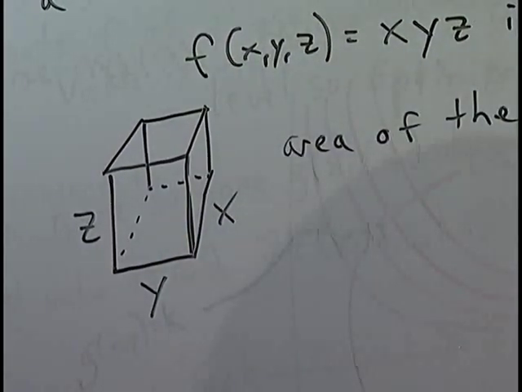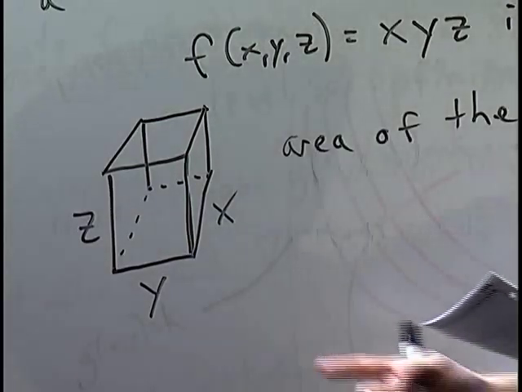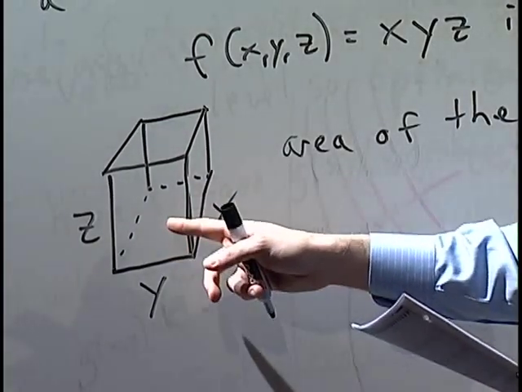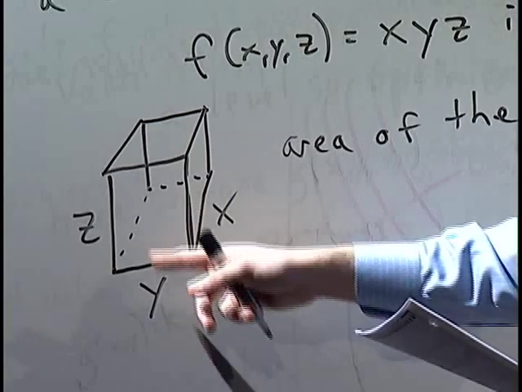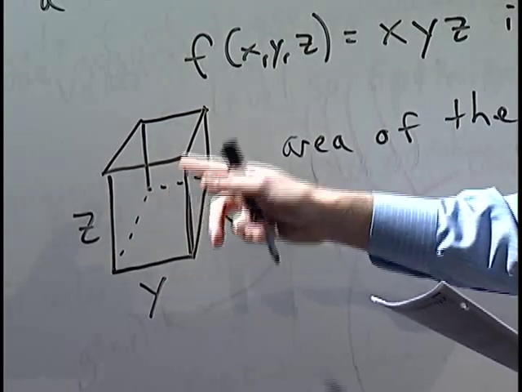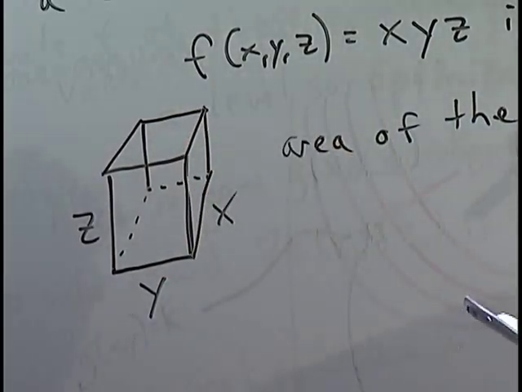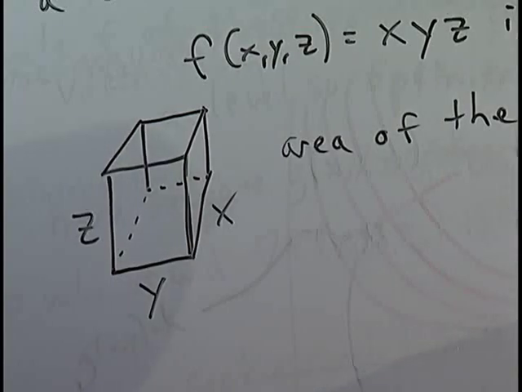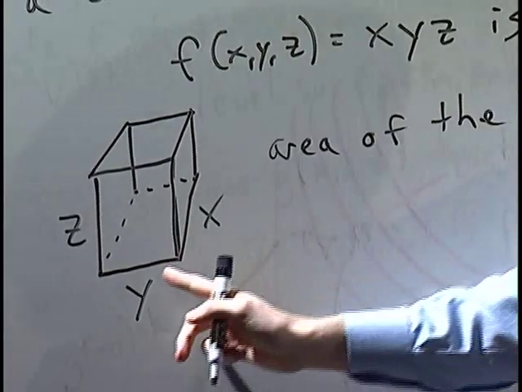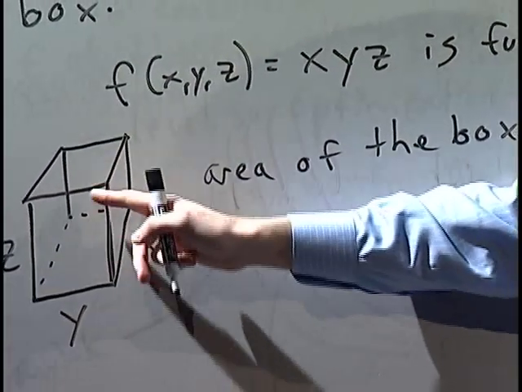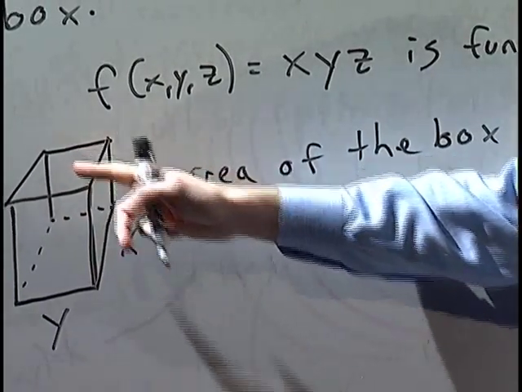Well, how much total area is there? There are two sides made from y and z: the front side and the back side of the box. So there's 2yz, because yz is the area of this piece of cardboard, and the piece in the back too.